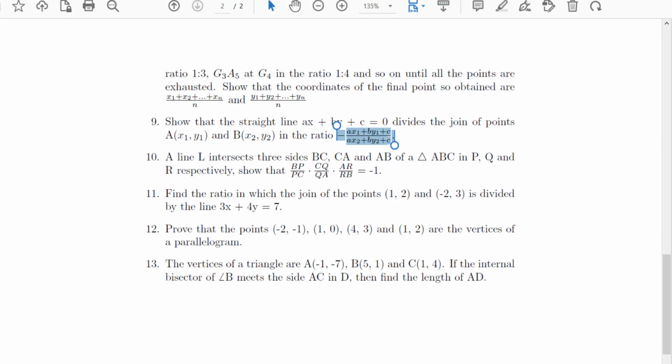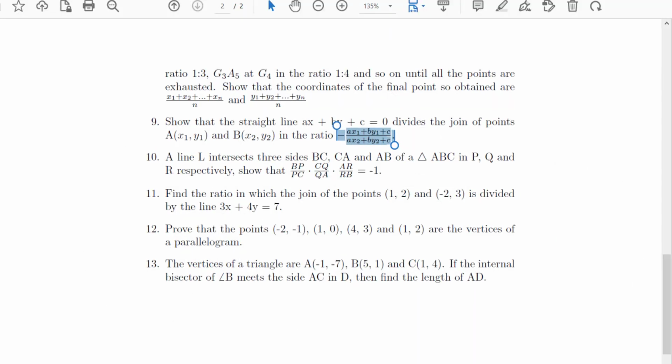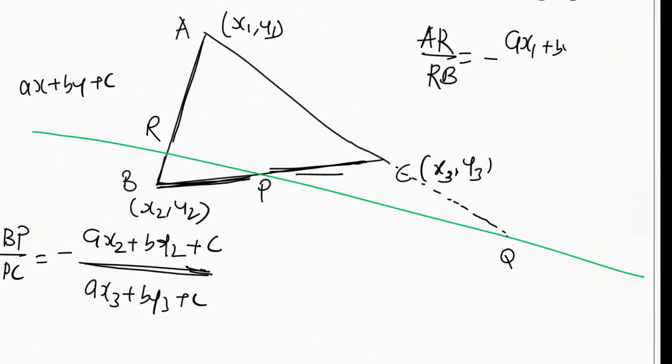What are the other ratios? CQ over CA, I'll come to this at the end. The other is AR over RB. What will be the ratio of that? AR over RB will be (ax1 plus by1 plus c) over (ax2 plus by2 plus c).